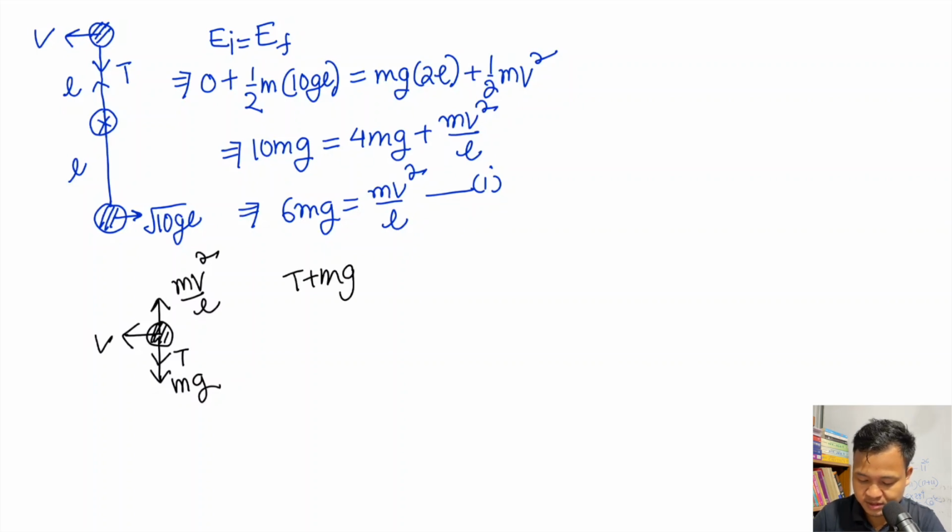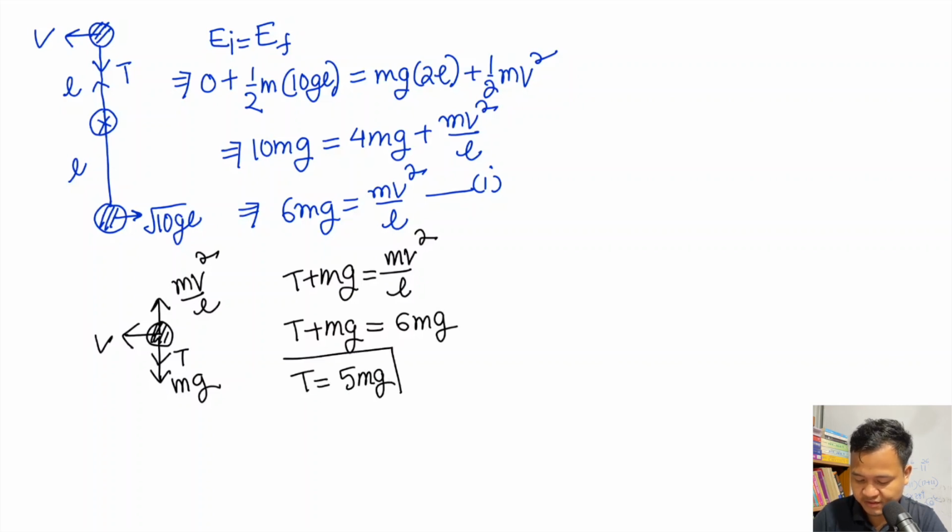So T plus mg equals mv square divided by L. Putting the value of mv square by L as 6 mg from equation number 1, T is equal to 5 mg. So this is B part.